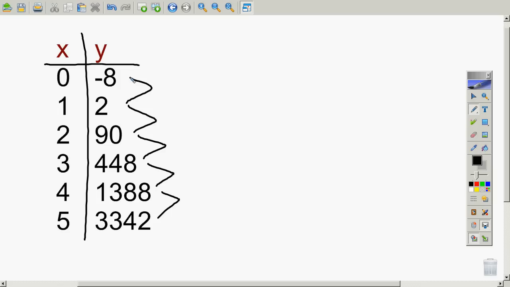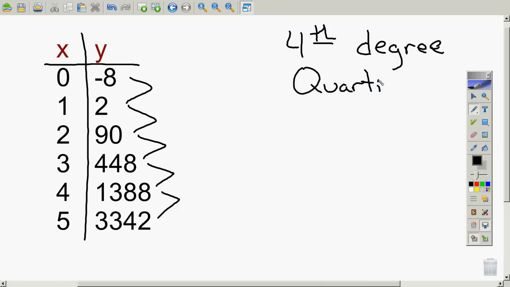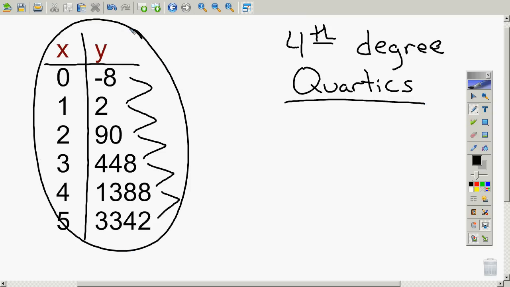Okay, you should have found that this was a fourth degree polynomial. And we call fourth degree polynomials quartics. So now that we know this is a quartic, we can go ahead and find it by using regression.